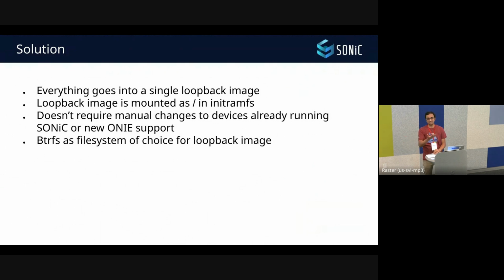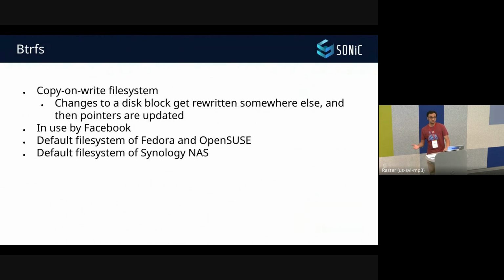And the file system of choice that I'm choosing here is BTRFS. Primary reason being it's a newer file system that supports more features, and I'm familiar with it as well. So what is BTRFS?